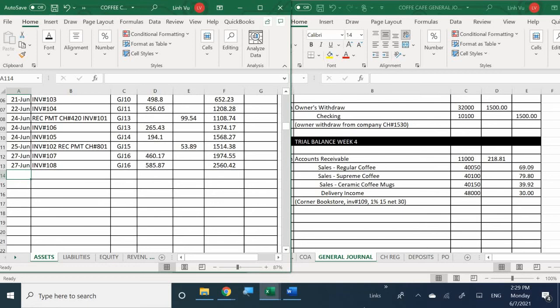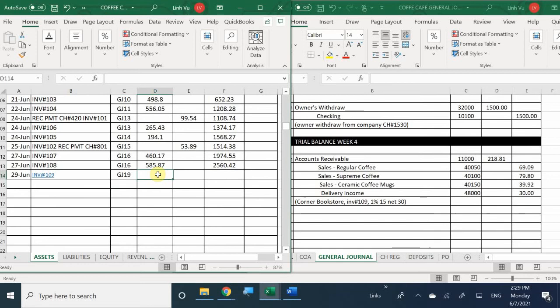All right. I'm at the ledger. We're at accounts receivable, right? I skipped a spot on the other one, but I'm about to fix that. The 29th, Julio, invoice number 109, General Journal 19, yes, we're on 19. And we're going to get a credit for debit, 218.